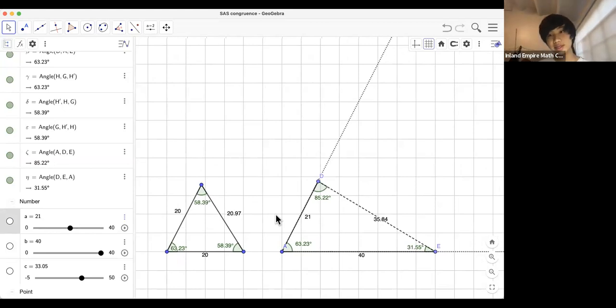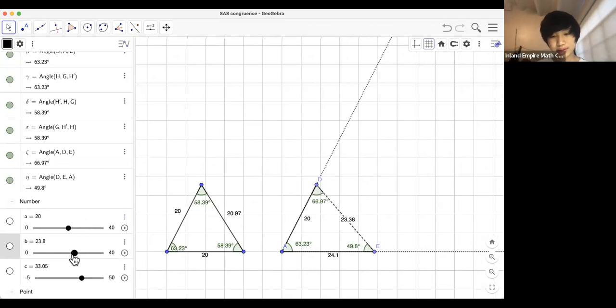Essentially, if all the side lengths are equal and all the angles are equal, then they're congruent. So if we adjust this length right here to be 20, and this other length right here to also be 20, then notice how there's only one possible triangle you can create from this.